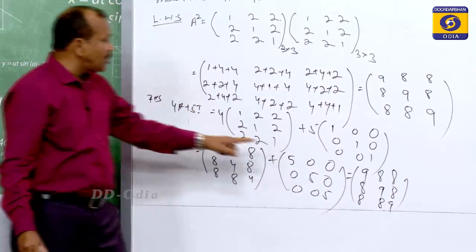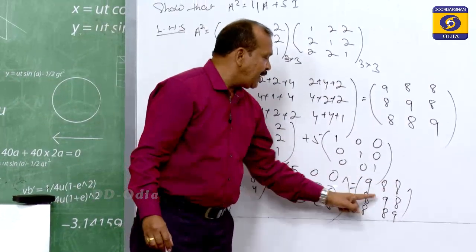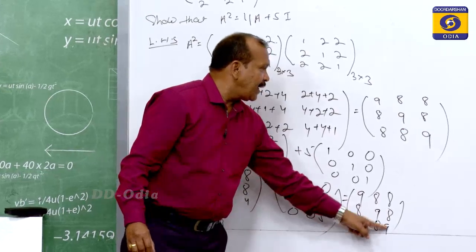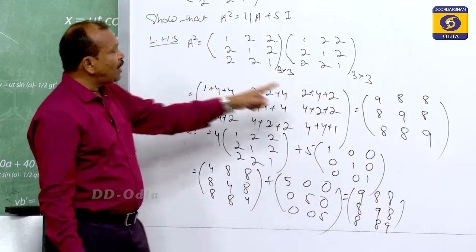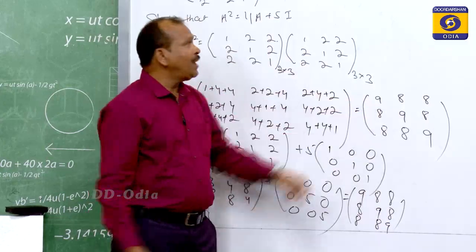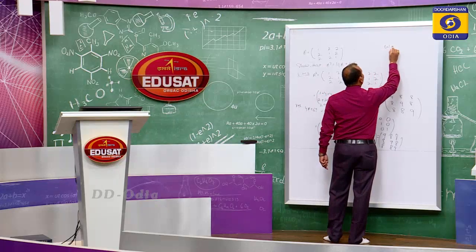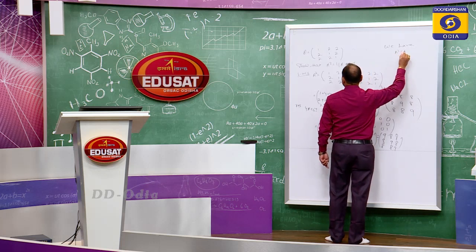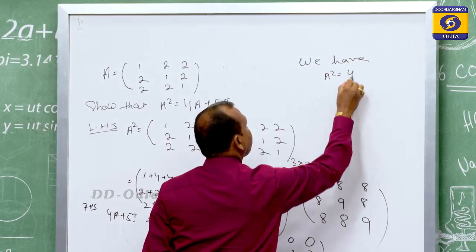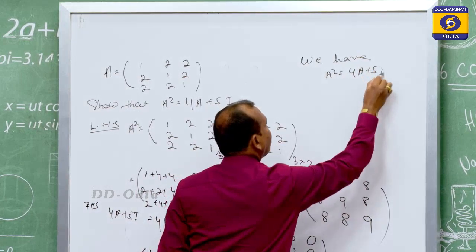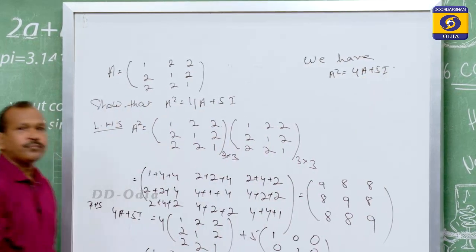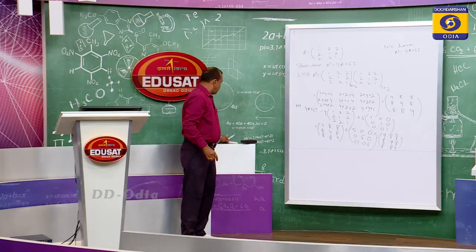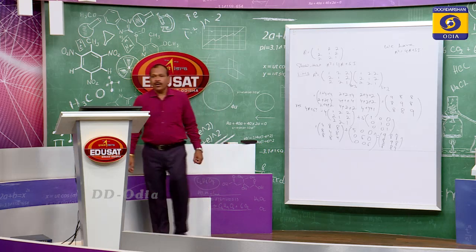So 4A plus 5I is equal to 9 8 8, 8 9 8, 8 8 9, and we have A square. A square is equal to 4A plus 5 times I.